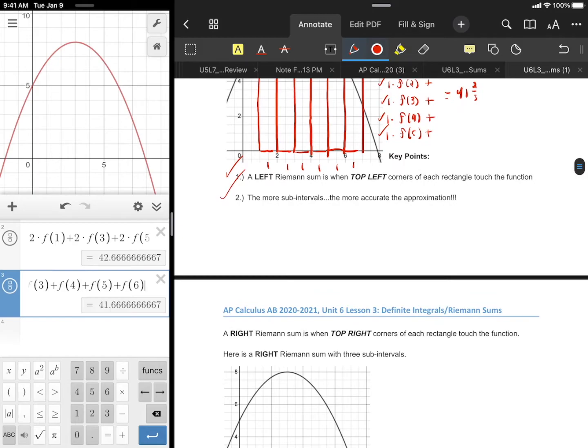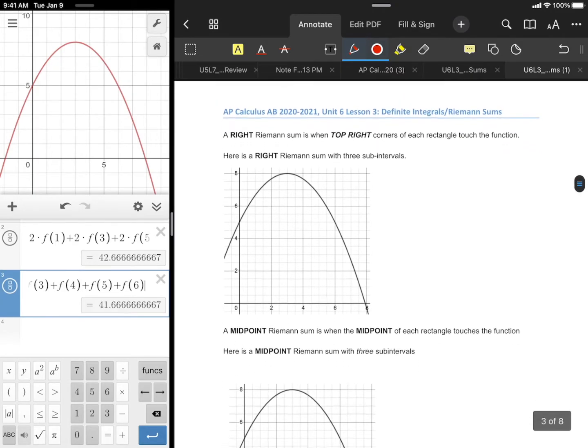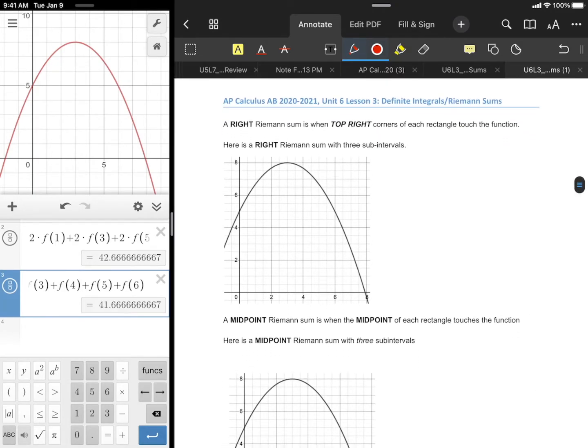So real quickly here, just the other types of Riemann sums. I'm just going to quickly sketch these out here, just so you can get to work on this. A right Riemann sum with 3 subintervals. So we're going still from 1 to 7, right? All of these, we're approximating the definite integral from 1 to 7 of f of x. And so I would start at 7 now, because I'm starting from the right, and I would go up, and I've got 3 subintervals.